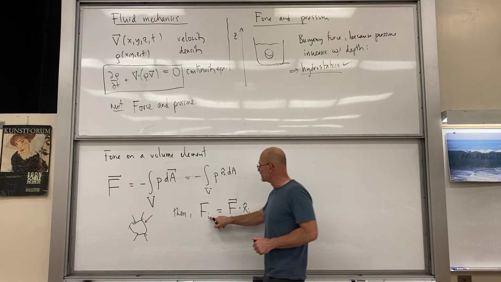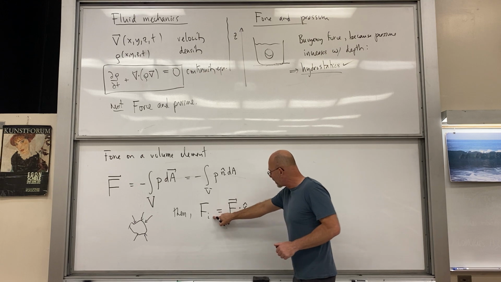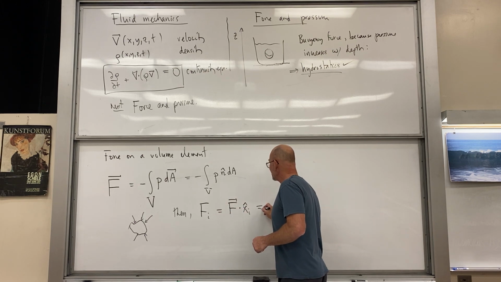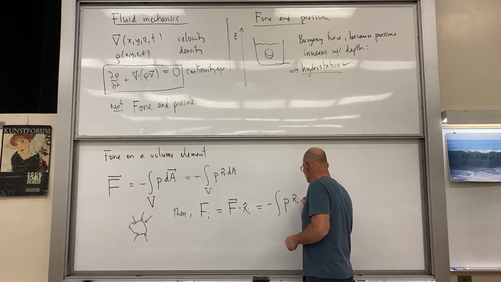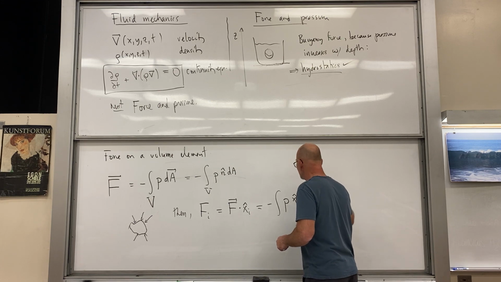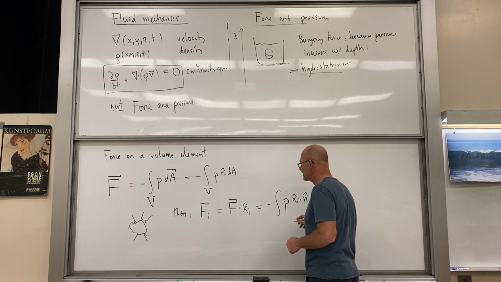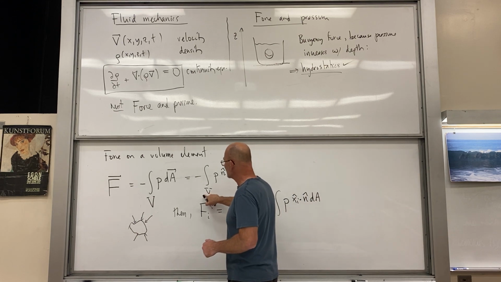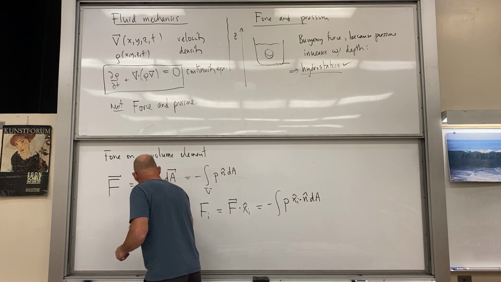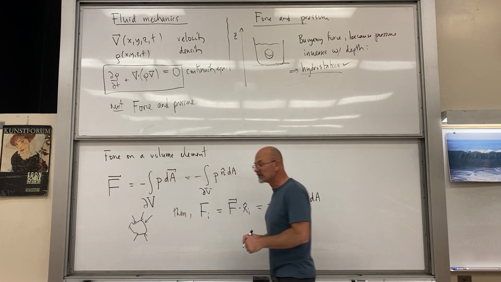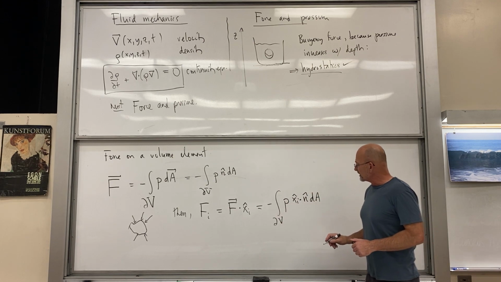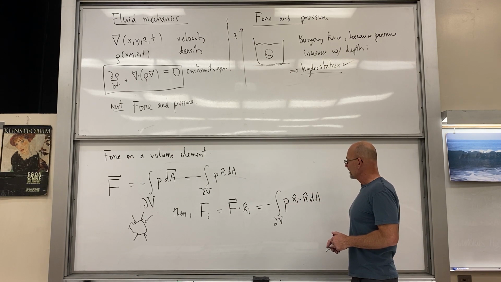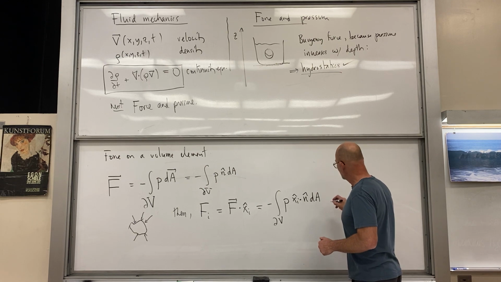So from this vector, it'll give us this component, and that would be minus integral P xi hat dot n hat d area. And by the way, this was not a volume, this was the boundary of the volume, the surface that bounds the volume. Okay, we were using that formalism there. This is the ith component.